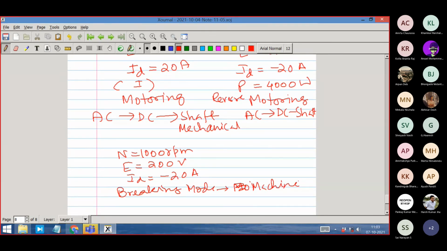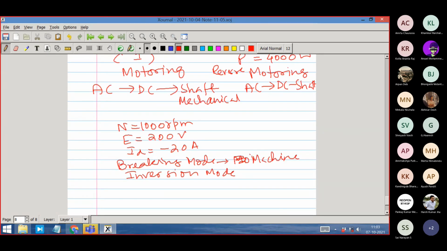The machine is now in braking mode, and from the thyristor converter point of view, we will say it is in the inversion mode. It is working like an inverter because the power is flowing from the shaft to DC to AC. Similarly you can create another one as well, minus 200 volt and plus 20 ampere.